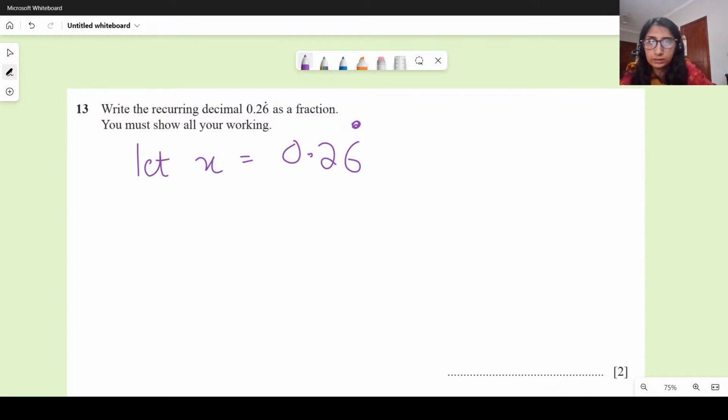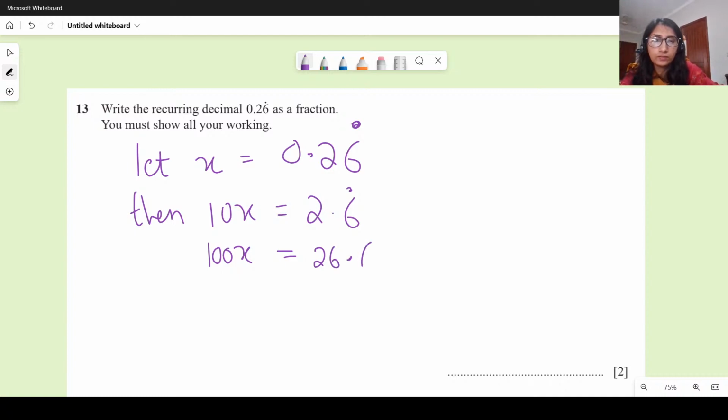Now I'll write 10x equals 2.6 with a recurring dot, and 100x equals 26.6 with a recurring dot. So 10x is 2.66666 and 100x is 26.66666.